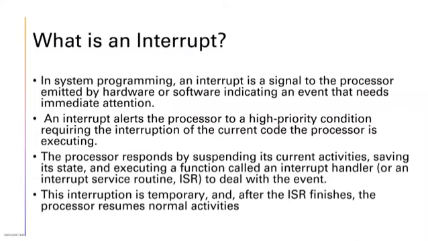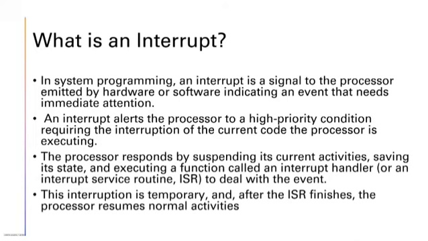An interrupt is actually a signal to the processor, emitted by hardware or software, indicating an event that needs immediate attention. Consider that there is a system and the processor of the system is doing some process or task. At that time, some hardware or software in the device requires immediate attention.